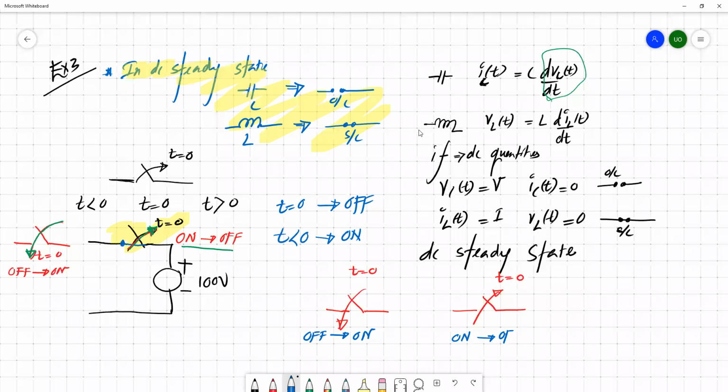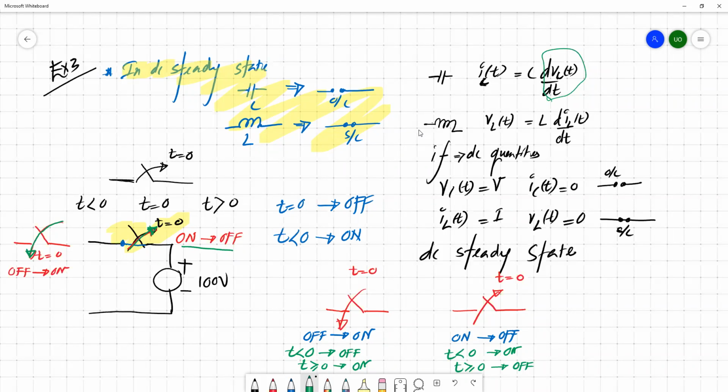It means here for t less than 0, the switch is in off state, and for t greater than or equal to 0, the switch is in on state. For this particular switch, for t less than 0, the switch was in on state, and for t greater than or equal to 0, the switch is in off state.